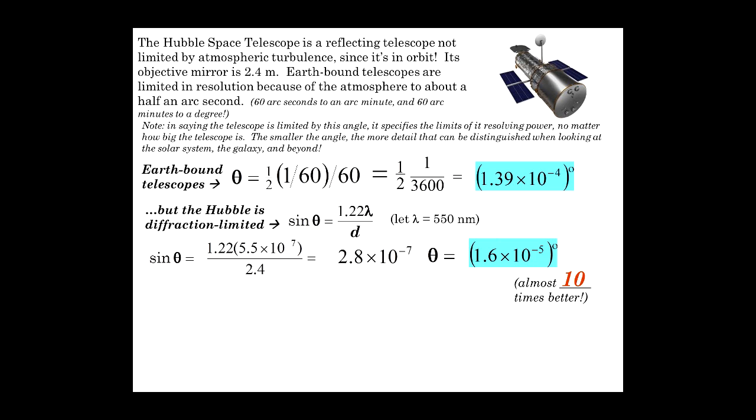It's out in space, not affected by the atmosphere, so that's a really small angle. But therein is why you can't see the whiskers on the mouse on Europa, because this negative 5 would have to be a much smaller angle. Maybe, I don't know, I'm going to guess negative 15 or something. Some crazy amount of resolution that the laws of physics will not allow.